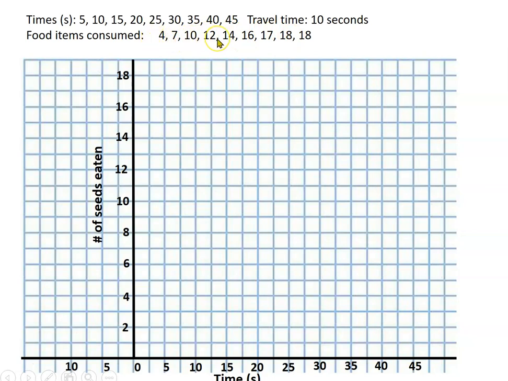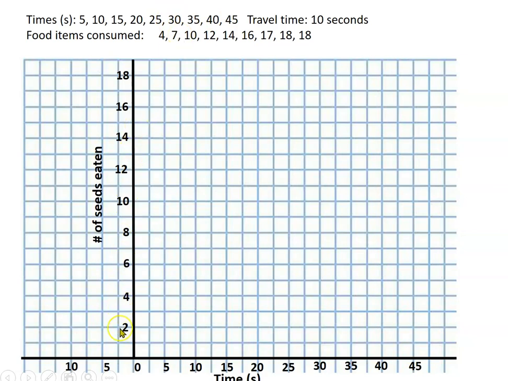Sometimes you may come across a problem that's talking about the number of food items consumed, or it might have kilojoules of energy consumed. Either way, we're just saying how much food is being foraged by this animal over a given period of time. Okay, so now that we've got these numbers, let's plot them.